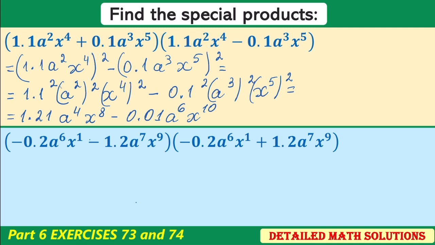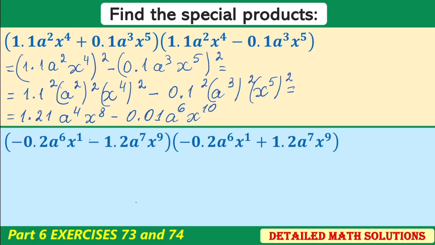In the next exercise, the first term minus 0.2 a to the sixth power x to the first power will correspond to the a in the formula, and the second term 1.2 a to the seventh power x to the ninth power will correspond to the b in the formula.